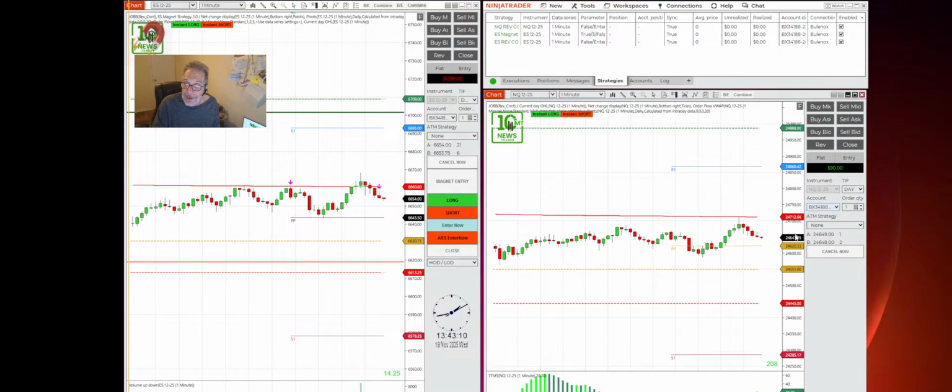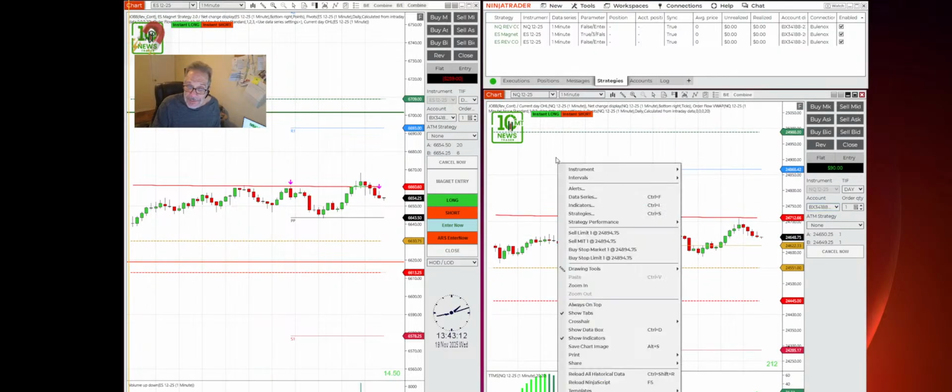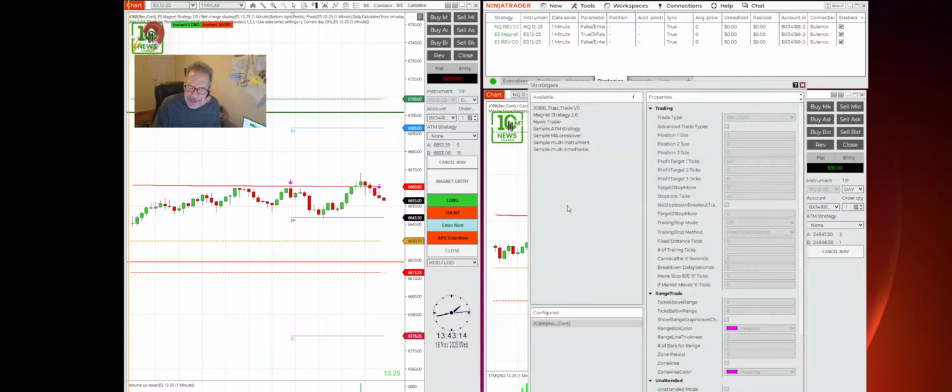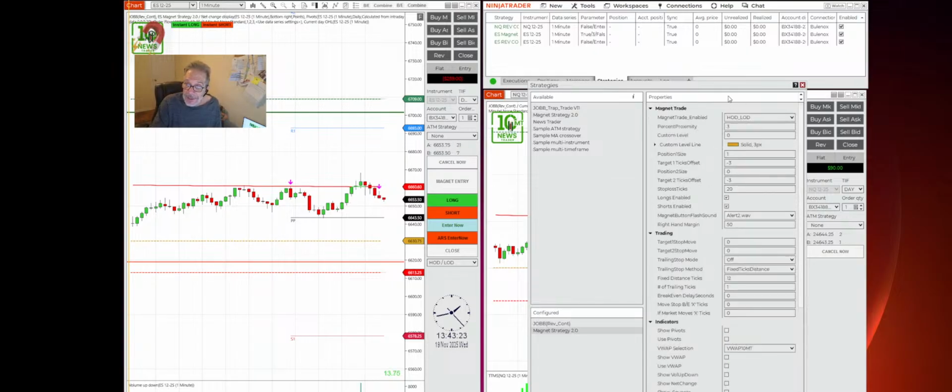And then we have our magnet, high of day, low of day. Right click the chart, click strategy. Double click magnet, high of day, low of day.